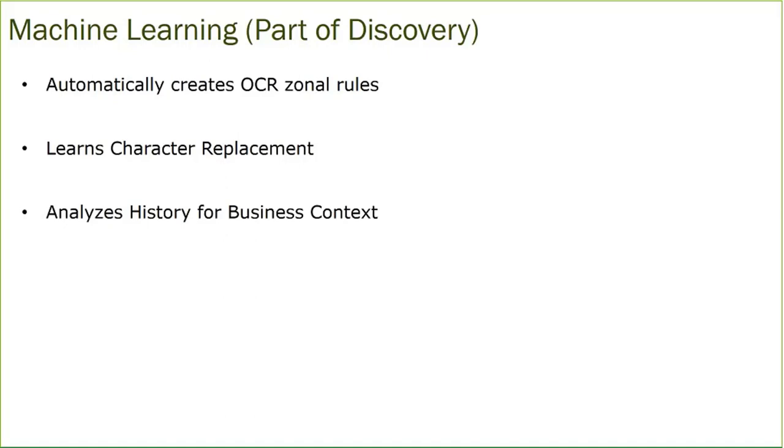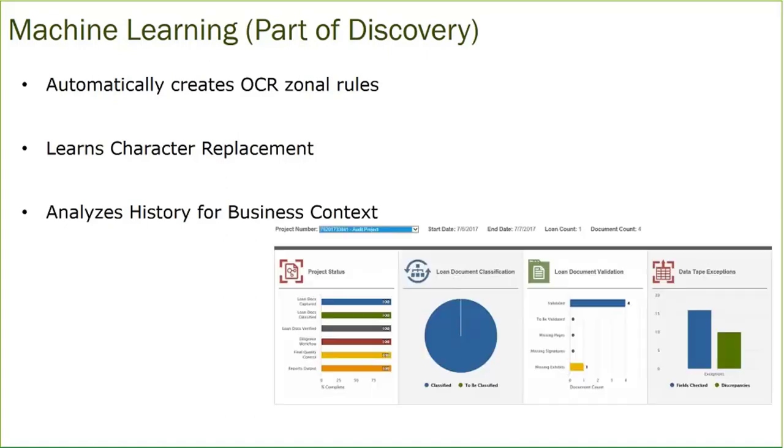Doesn't make sense. Maybe there was a misread on the index rules or a mistype by the user. So analyzing the history of the documents can really give us some useful information for the machine learning aspects.